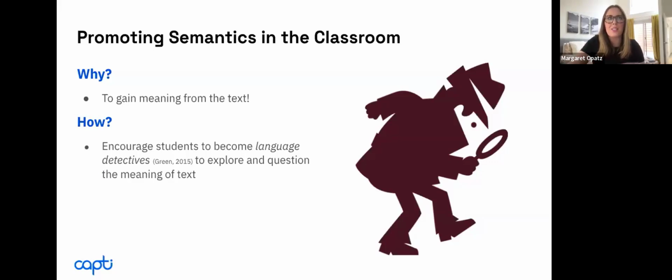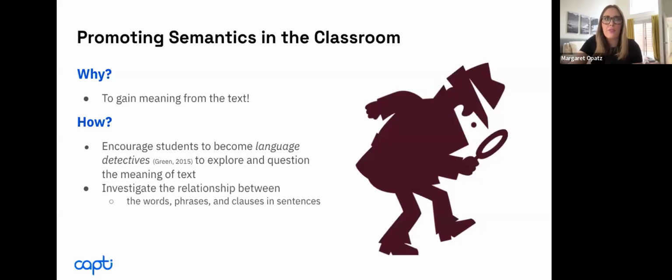We want students to get curious about language. We want them to investigate the relationship between the words, phrases, and clauses within a sentence. We want them to look at the relationship between sentences: how do these sentences work together? Why are they related? What type of information are they combining? And then we also want them to find the relationship across paragraphs and across the complete text.